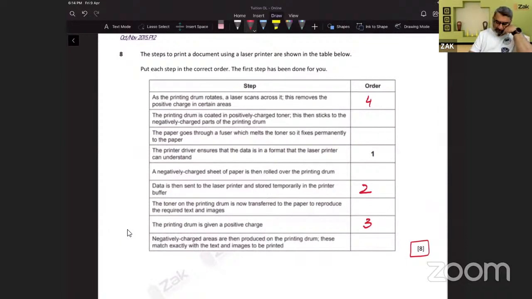And then we have last one. Negatively charged areas are then produced on the printing drum. These match exactly with the text and images to be printed.